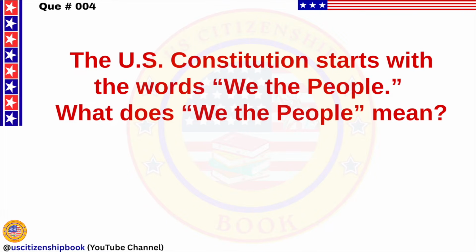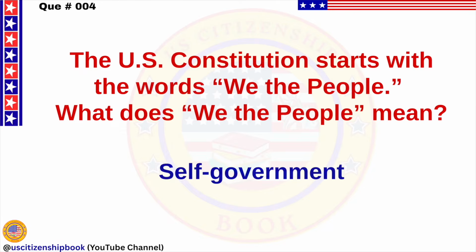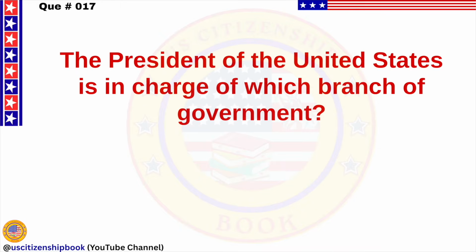The U.S. Constitution starts with the words, "We the people." What does "we the people" mean? Self-government. The President of the United States is in charge of which branch of government?